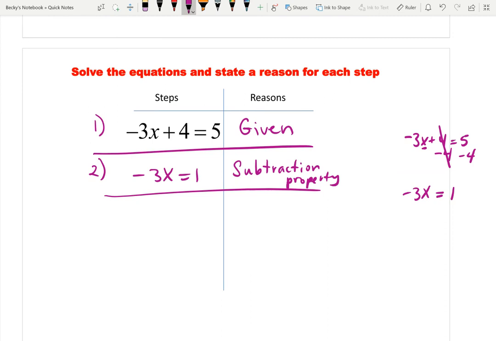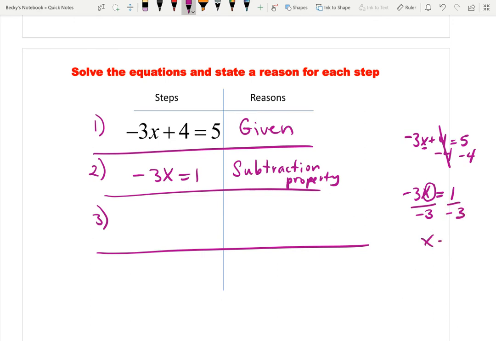Now, technically, let's see. We need to go ahead and solve this all the way. So let's go back to our scrap. What would you do? Would you divide by negative 3 or would you divide by 1? Well, of course, if you're solving for x, you're going to divide by the number next to it.